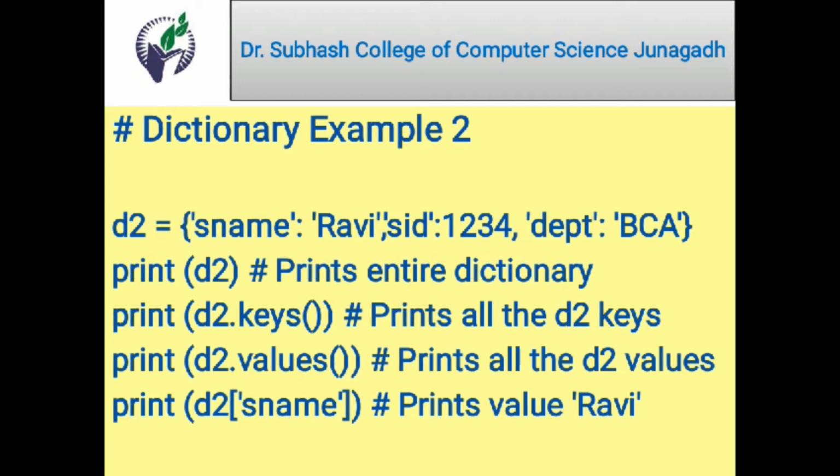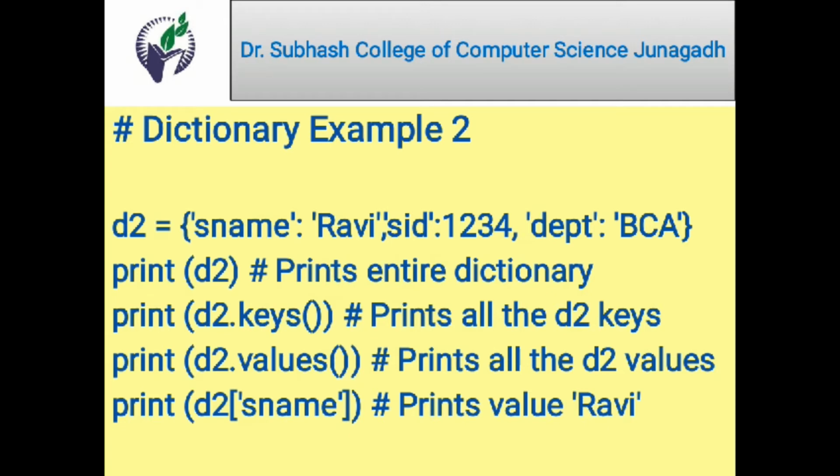It will invoke the function keys that will give you all the keys, and d2.values, it will give all the values associated with each key. So d2.keys, here that is the key, student name, then student ID, and then department.